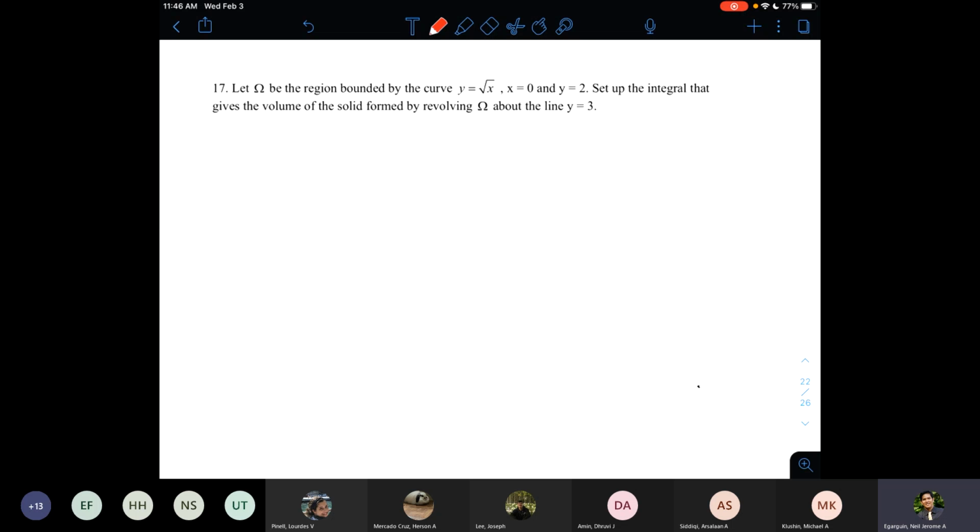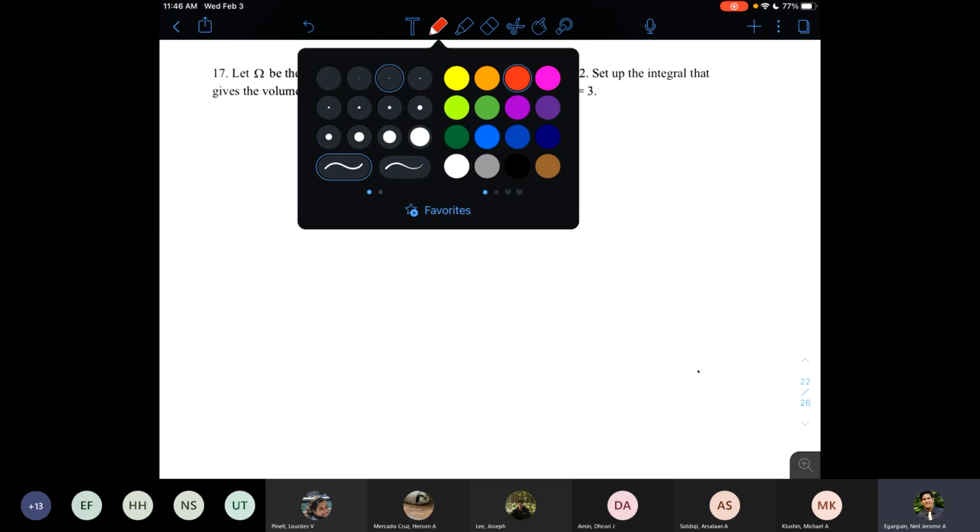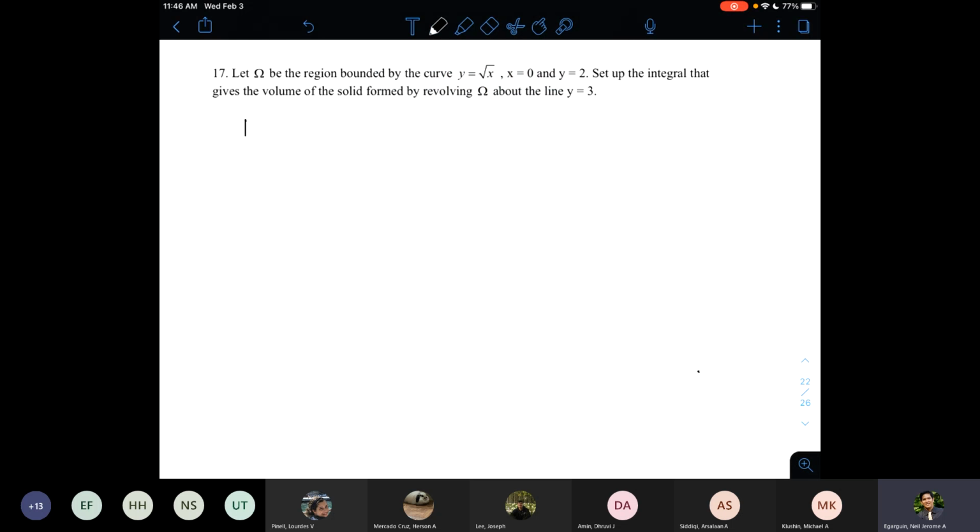Okay, let's try this problem. Problem 17. So again, we have a region omega bounded by the same curves. So basically, we have the same graph as before, but the axis of revolution is different now. X-axis, y-axis, y equals root x there.